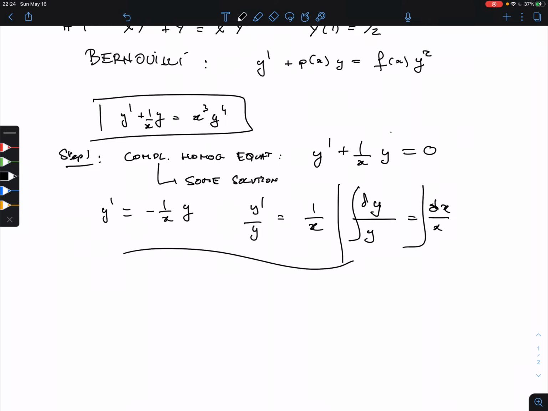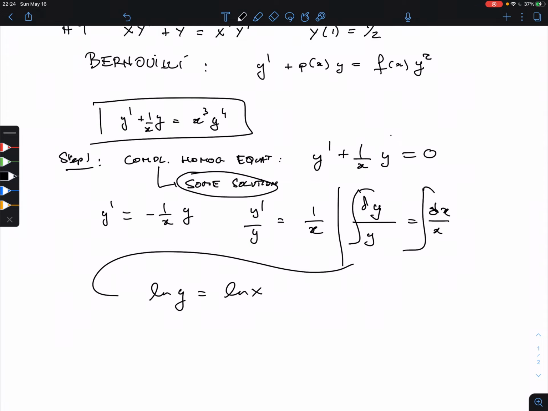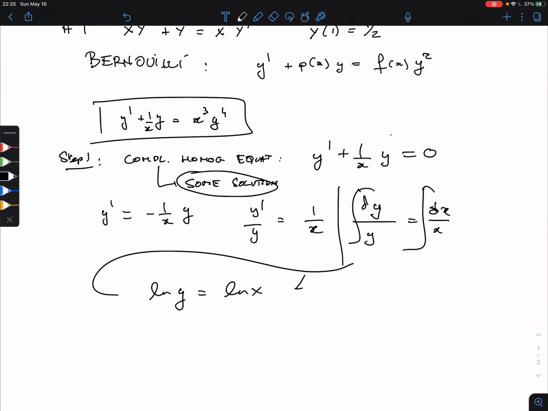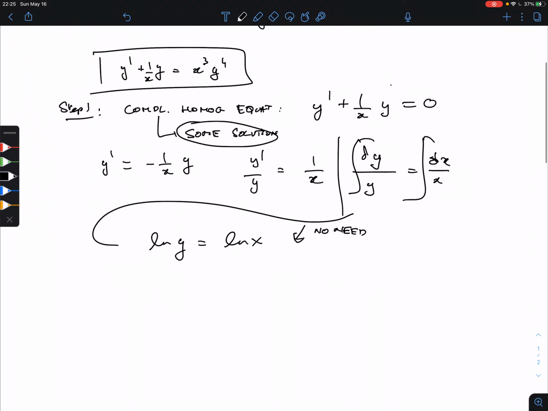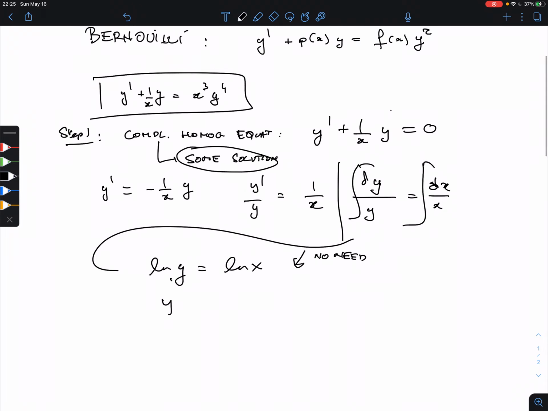So that would be ln of y equals ln of x plus c. But remember, we need only some solution, so the plus c is not necessary. Now that makes it very simple: y is x.